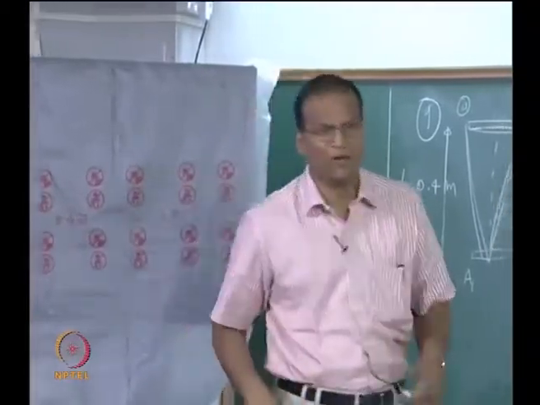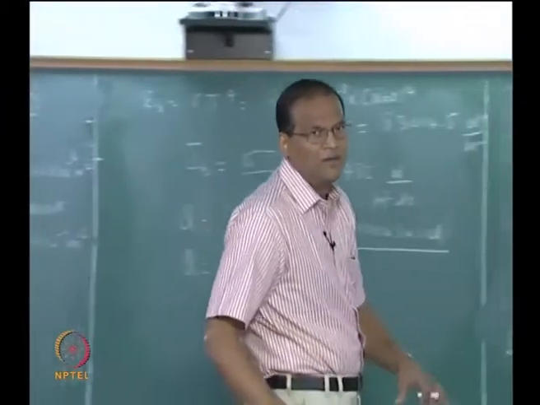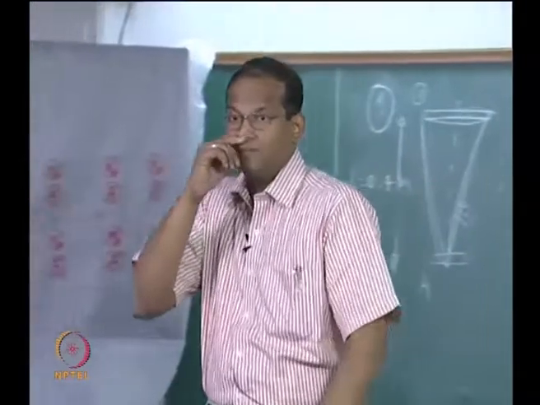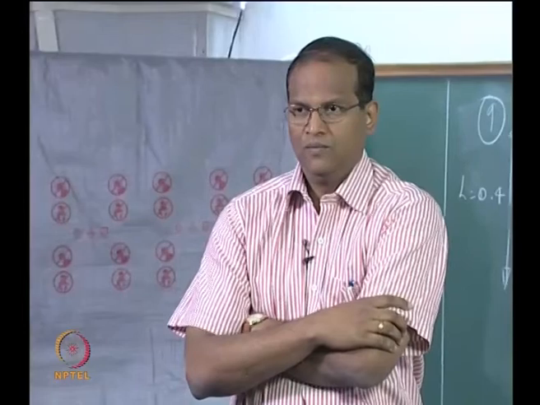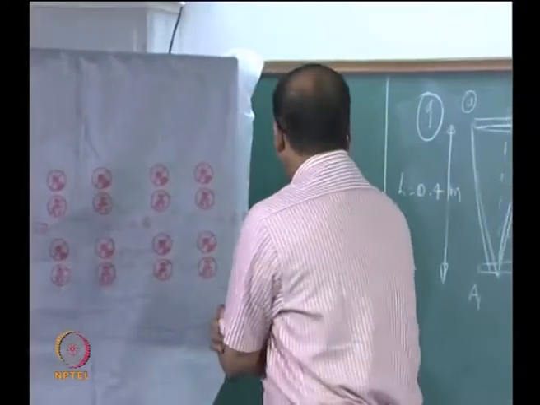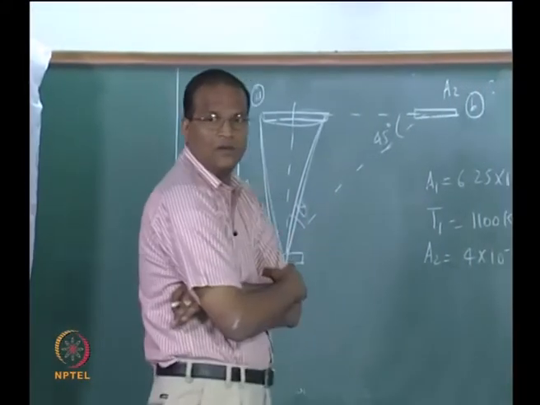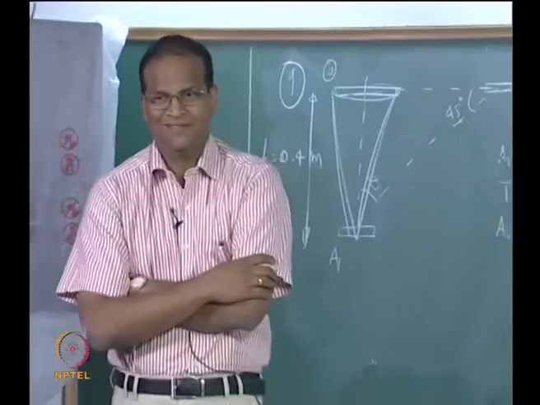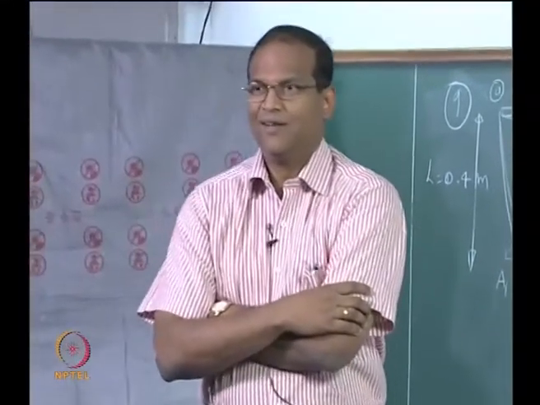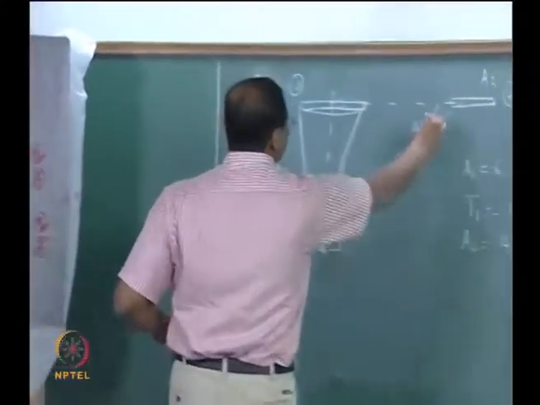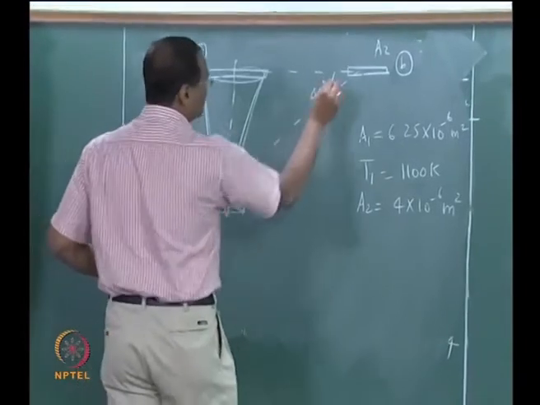Now please apply the formula again, but now A1 cos theta also is there. Please do not forget A1 cos theta and A2 cos theta both will come, correct? Because the radius is like this, A1 has to be aligned like this.